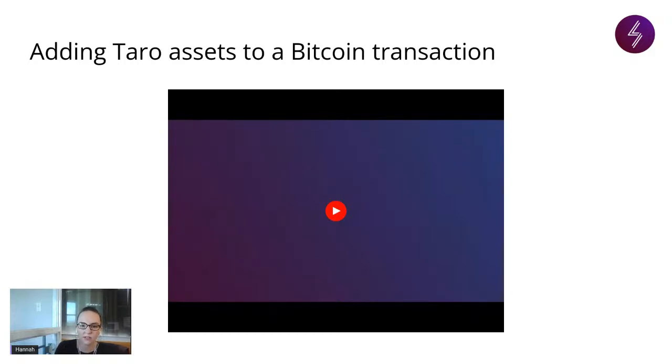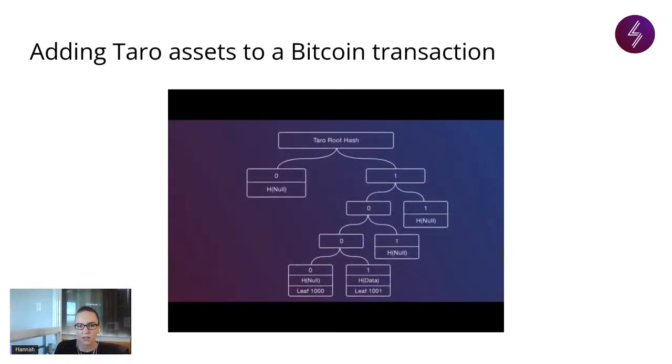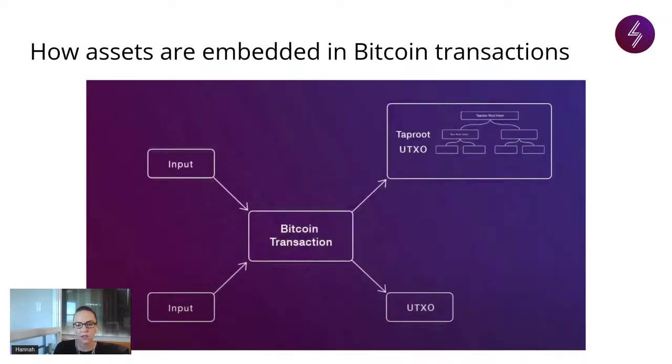That's kind of how you can think of it. So let's skip ahead. Here you can see we have these inputs in a Bitcoin transaction, and in this Bitcoin UTXO, in this output here, we have our Taro root hash, which goes into the Taproot tree, which gets embedded in a Bitcoin transaction via tap-tweak.